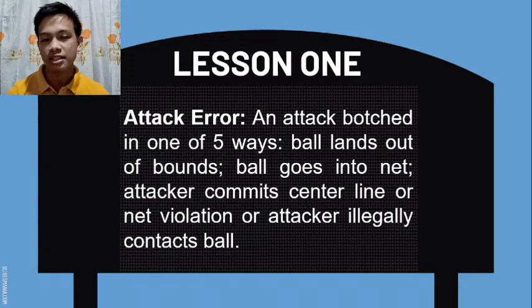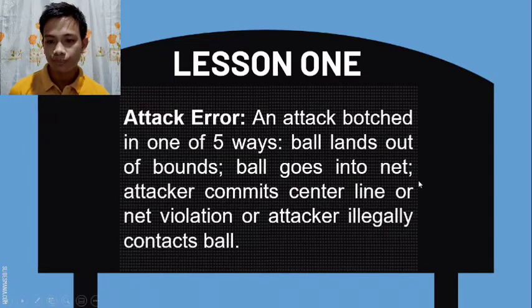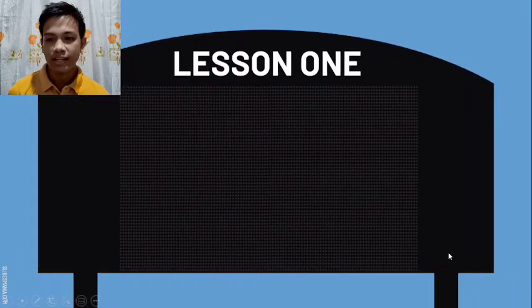So, hindi siya successful na naka-transfer sa kabilang court or sa opponent's court nyo. Next, attacker commits center line or net violation. So, mga touch sa net. Or attacker illegally contacts ball. So, yun yung mga sample ng attack error. And of course, the point will be rewarded sa kalaban nyo. Okay, that's the attack error.